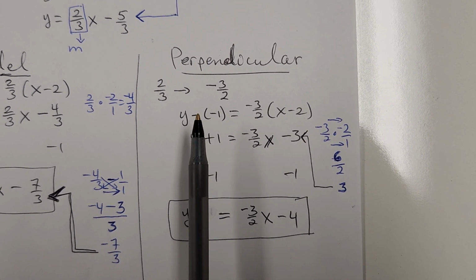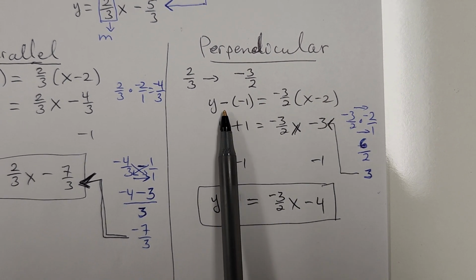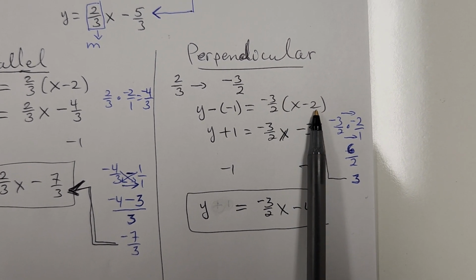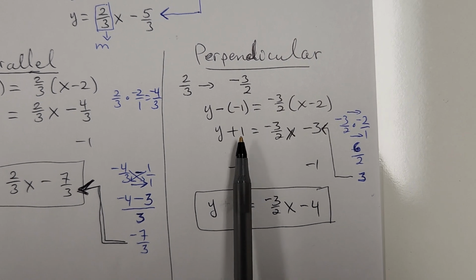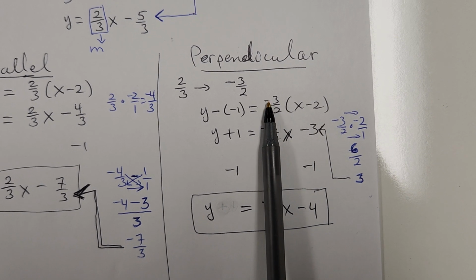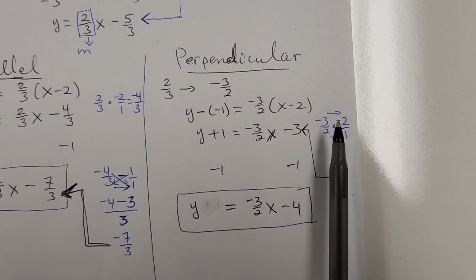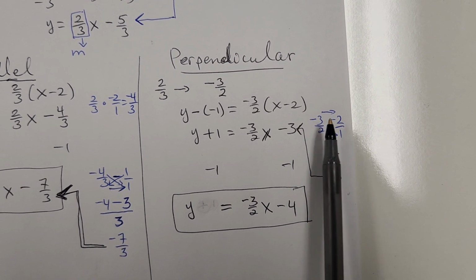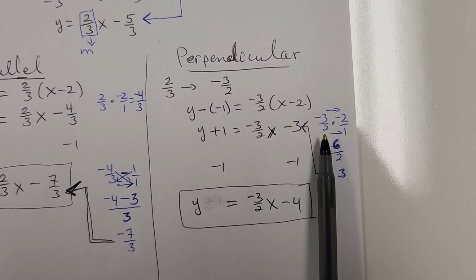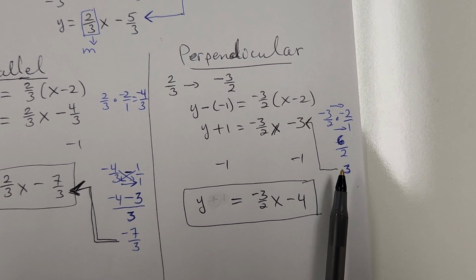This right here is y1, this is x1. So y1, your new slope, x1. Negative, negative, positive, negative 3/2 x. Negative 3/2 times negative 2 will give me positive 3. Here's the work over here: negative 3 times negative 2 gives me positive 6, 2 times 1 gives me 2, and this one you can reduce, so 6/2 becomes 3.